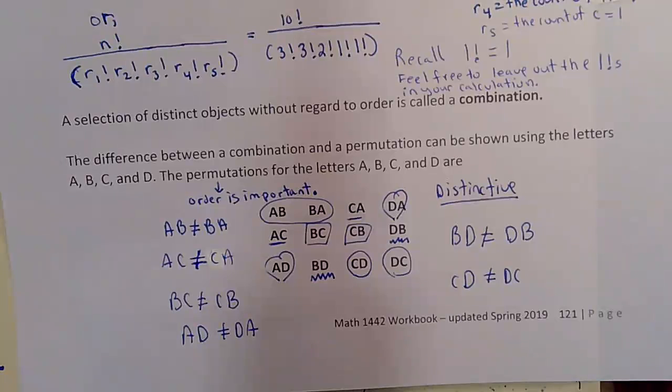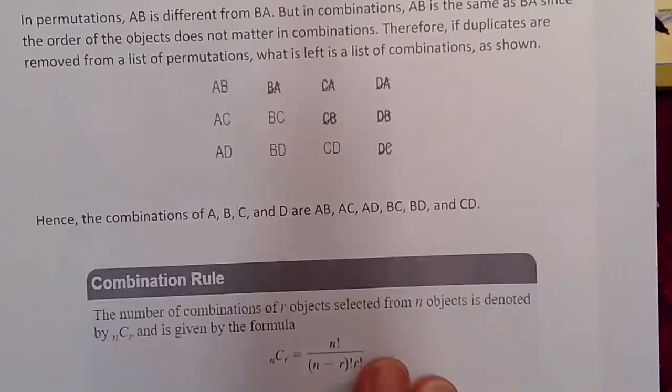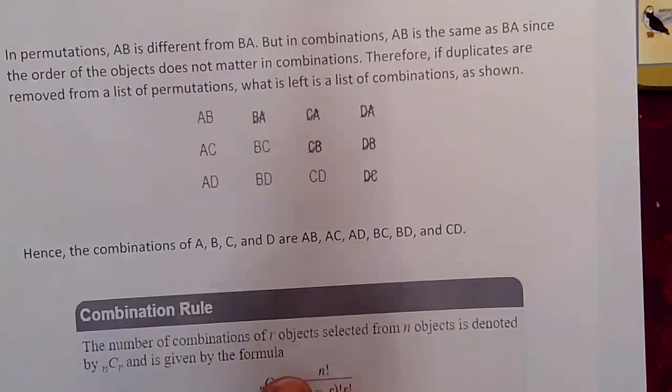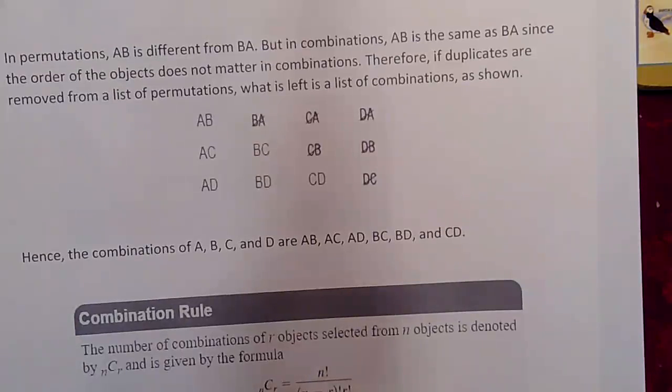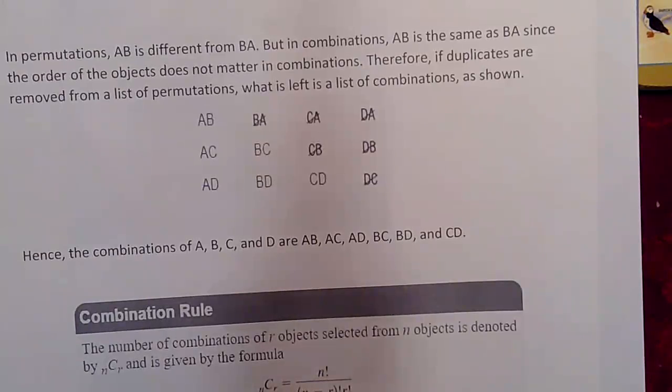Let's see what's happening on the next page, on page 122. In permutations, AB is different from BA, but in combinations, AB is the same as BA.